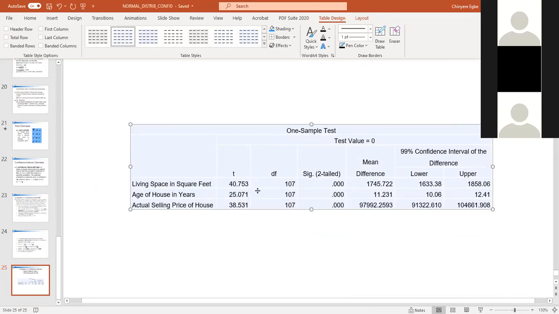The average age of houses is between 10 years and 12 years. And the average selling price of houses is between 91,000 and 104,000. So this is a confidence interval, as opposed to the hand calculation that you went through. But realize it's very important for you to know how those things are done, all right?